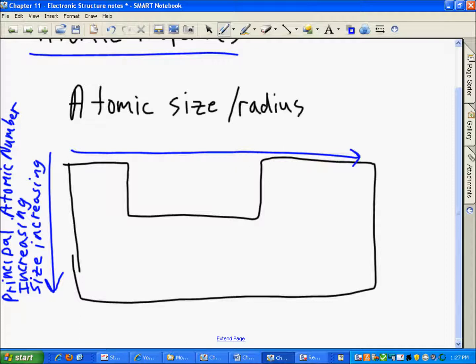So the orbital size stays the same, but the nuclear charge is increasing. And what that does is tend to shrink the orbitals a little bit. So the principal number is not changing, but the nuclear charge is increasing.